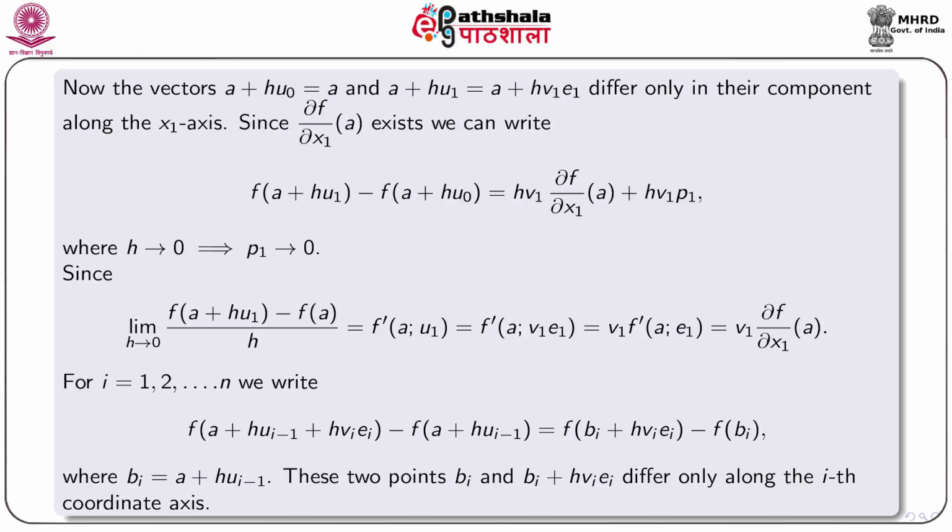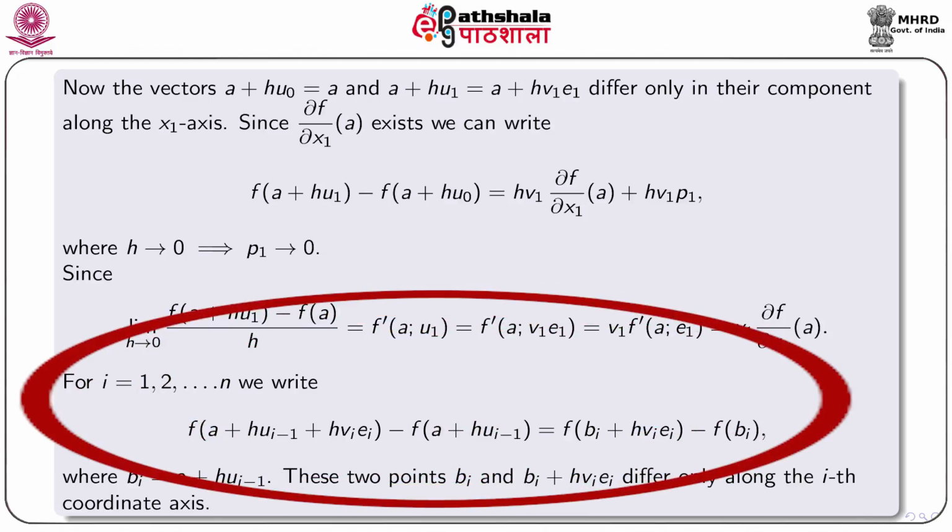If we take the limit of f of a plus h u 1 minus f a by h as h approaches 0, we have the limit exists and is equal to v 1 del f del x 1 at A. So, that is why f of a plus h u 1 minus f of a plus h u 0 must be h times v 1 del f del x 1 at A plus some error terms.